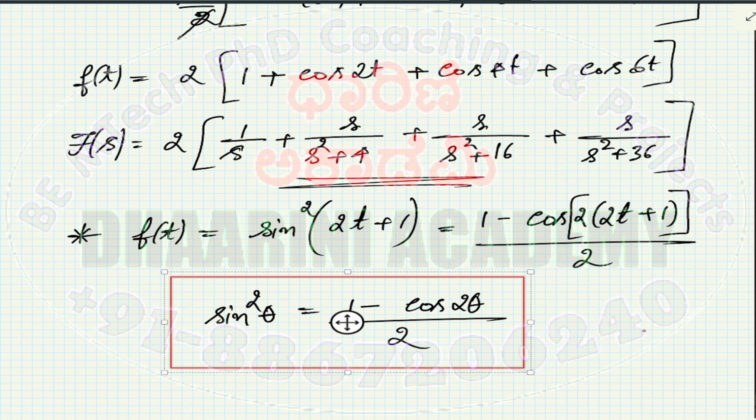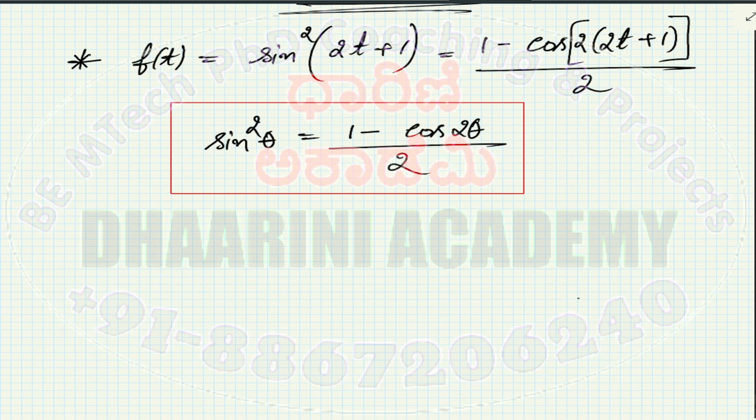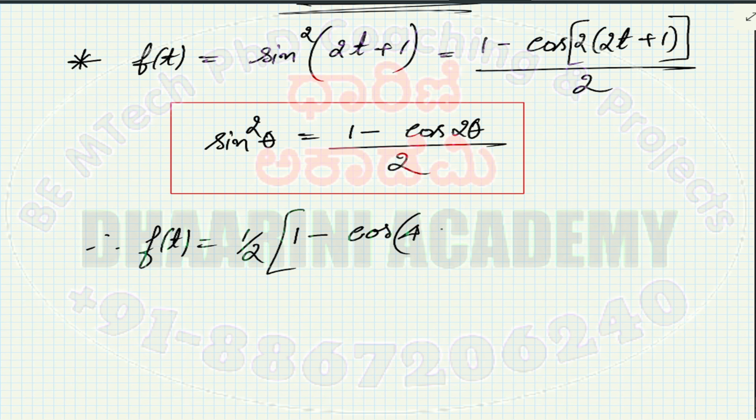This is the identity we have used so far. So using this, now let's expand this. Therefore f of t is equal to, I'll take the half outside, 1 minus cos of, so 2 into 2t is 4t plus 2.